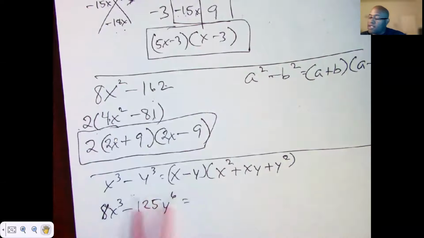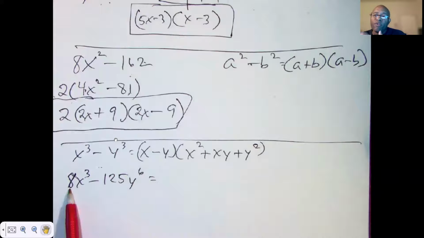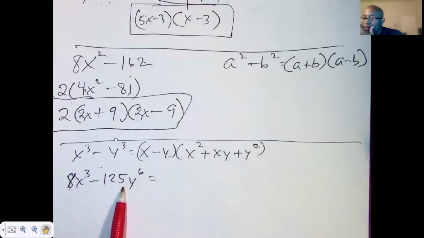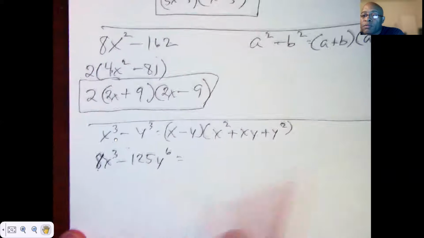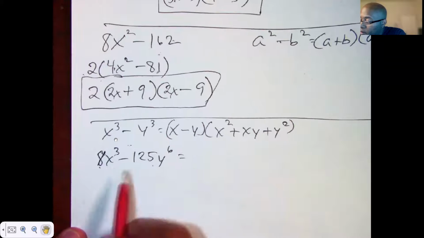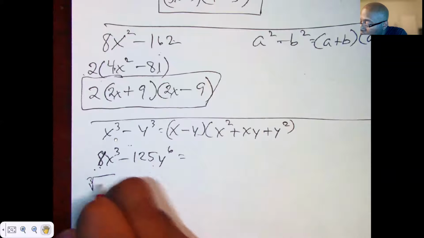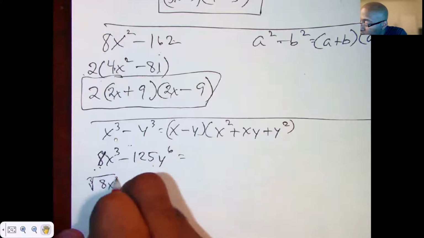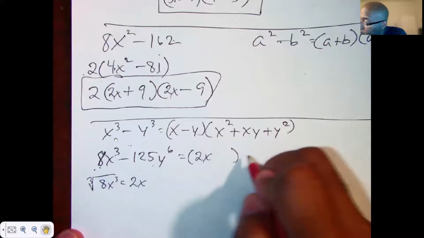Both the 3 and the 6 are cubics. They can be cubed. The cube root of 8 is 2, because 2 written as a factor 3 times is equal to 8. 5 written as a factor 3 times is equal to 125. So this can be cubed. The cube root of 8x to the third is just 2x. So I know 2x is here.